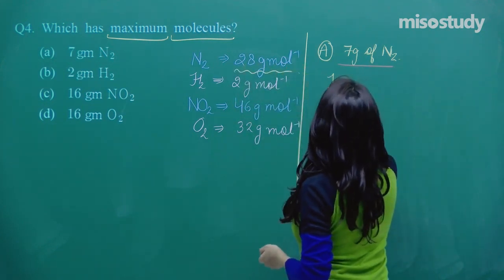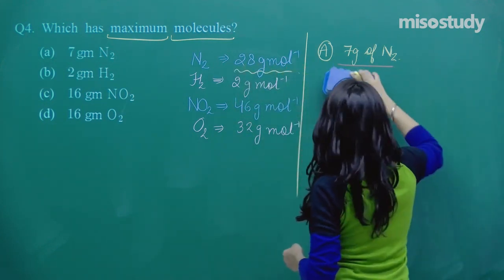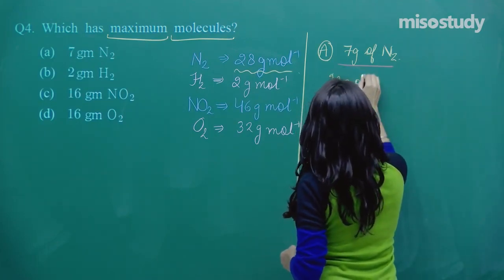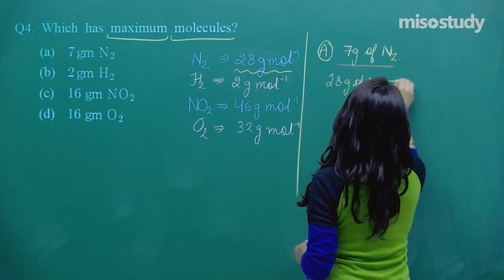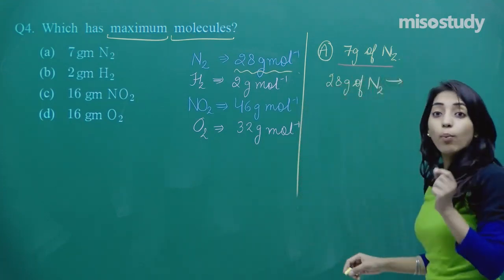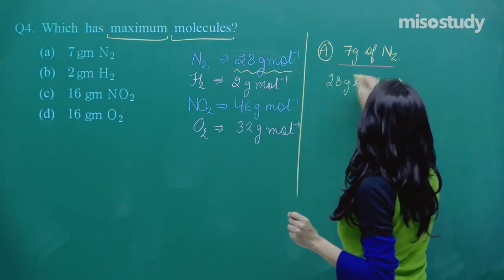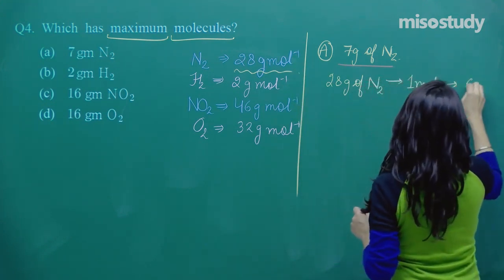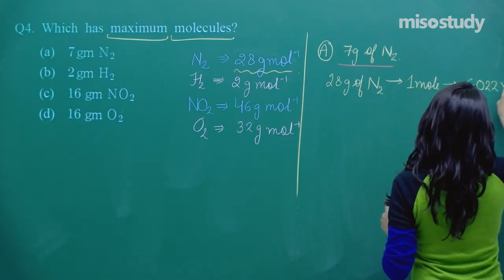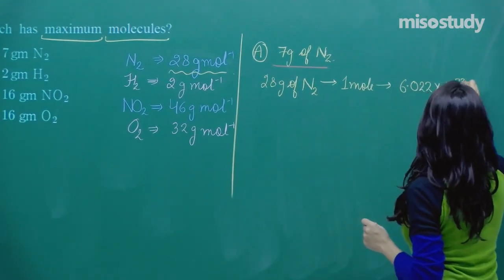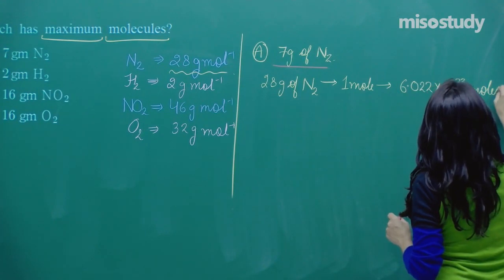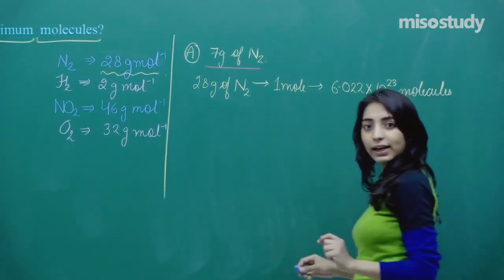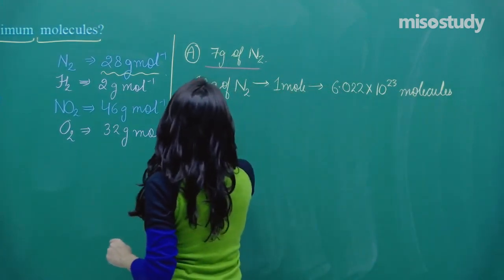Can I say 28 grams of nitrogen will be having how many molecules or how many moles? 1 mole. And 1 mole is equal to 6.022 into 10 raised to the power 23 molecules of nitrogen, right?